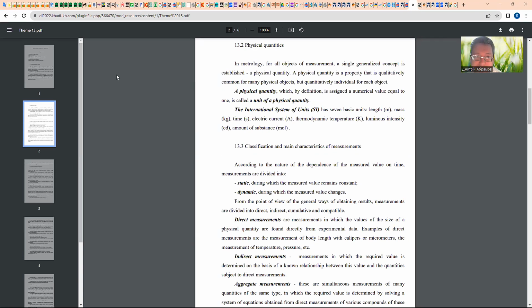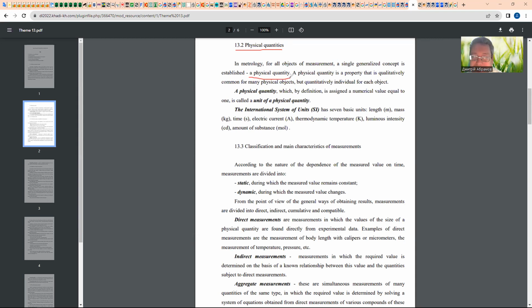Physical quantities, item 13.2. In metrology, for all objects of measurement, a single generalized concept is established, a physical quantity.